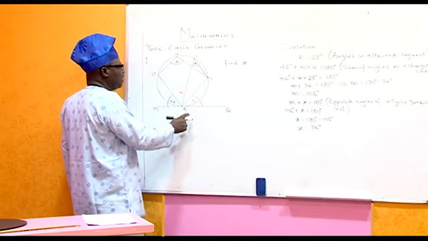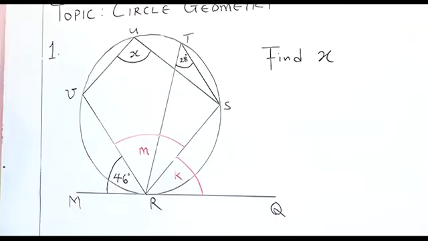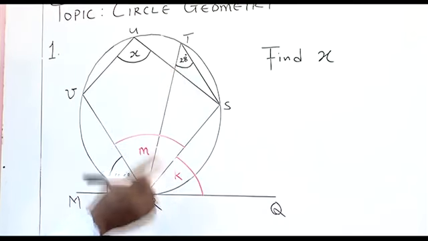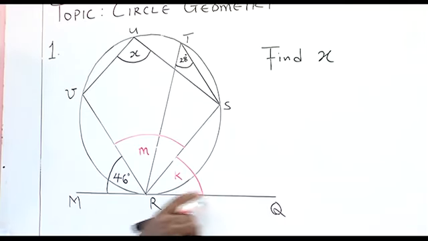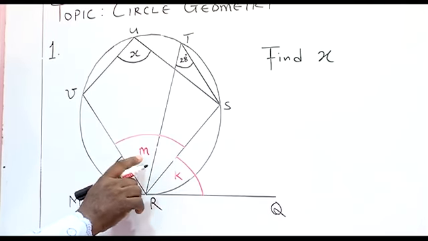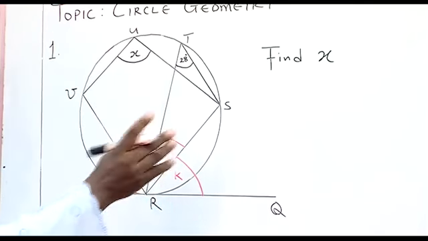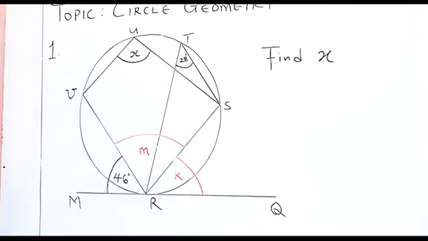We have used the fact that angle K is the same as angle 28 because they are angles in alternate segments. Then we have also used the fact that the sum of angles on a straight line add up to give 180. In that case, we are able to get M. Then the sum of angle M and angle X will also be 180 because they are opposite angles of a cyclic quadrilateral.